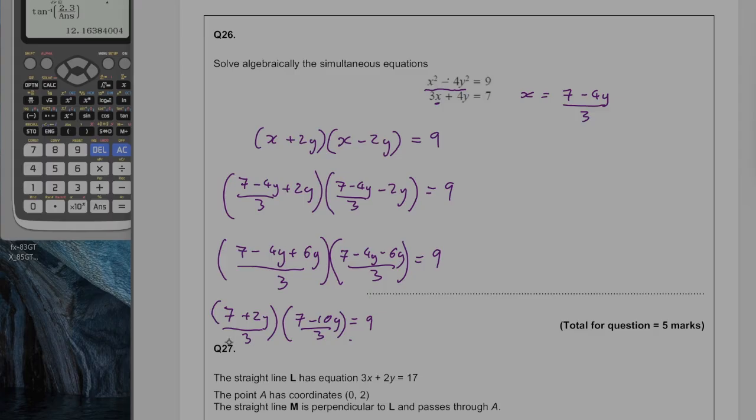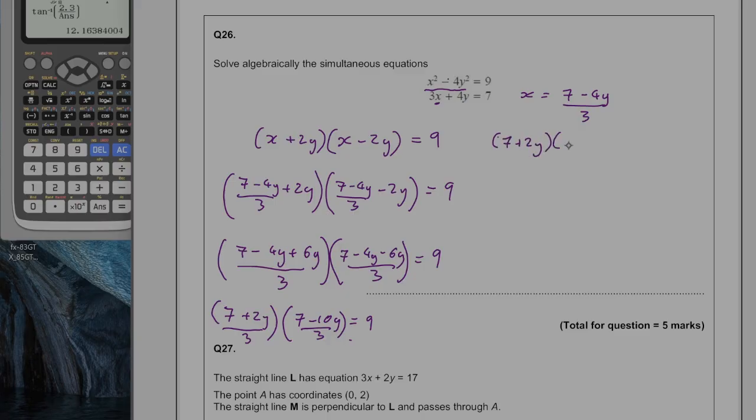And then if we times through by 9, so let's try that. So 7 plus 2y times by 7 minus 10y is equal to 81. Right, now let's multiply out this bracket.